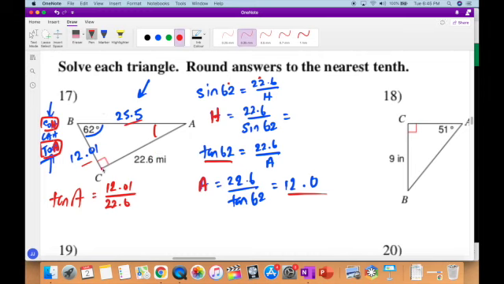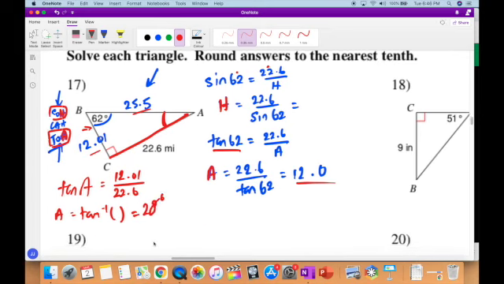This is the adjacent side, because this is the angle we want to find, and this is the opposite side over here, right? So A is equal to the tan inverse of 12.01 divided by 22.6, and we get around 28, which is the answer.